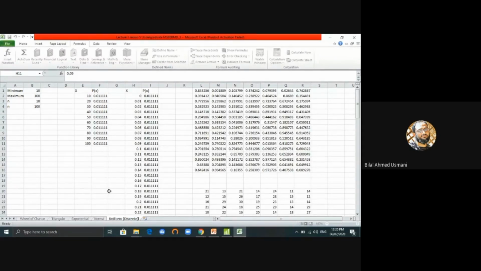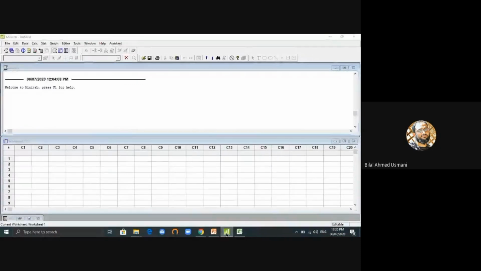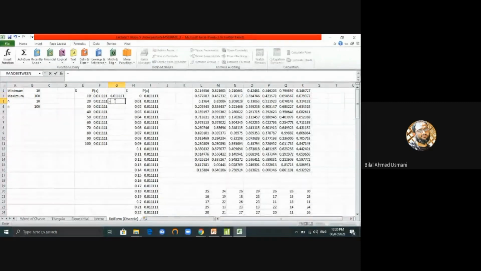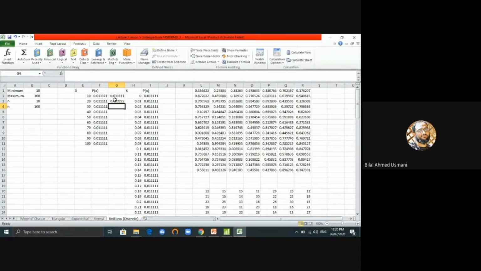So what you need to do is find the CDF for this particular example. The CDF is quite straightforward to calculate. Just add this value to the previous value, and if you drag it down, you will get it.